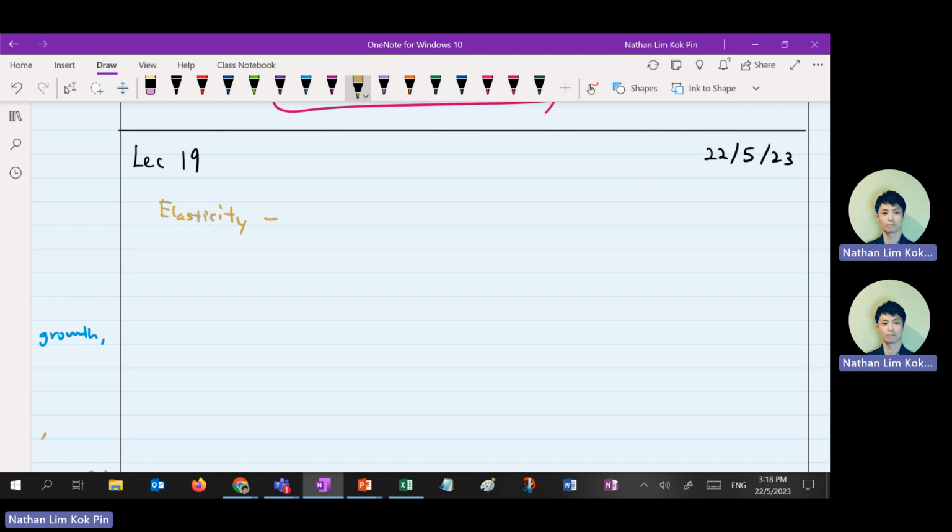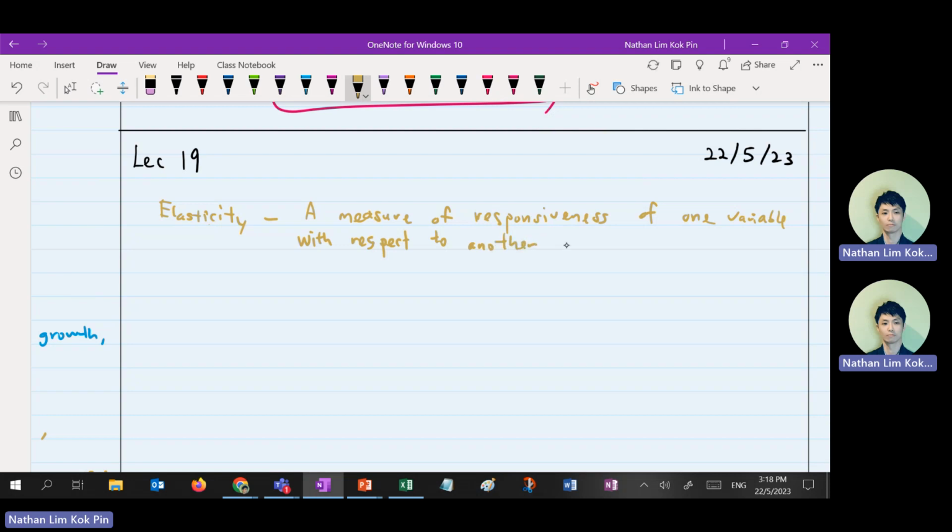We have general definition, right? I told you it must be or and something. It's a measure of responsiveness of one variable with respect to another variable.